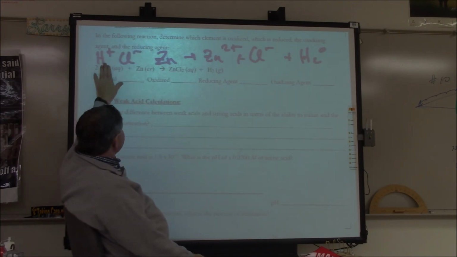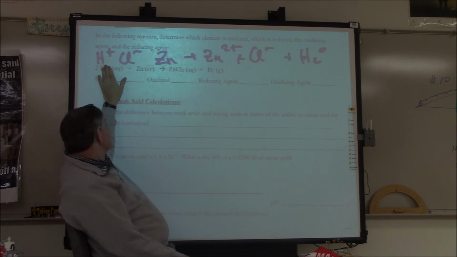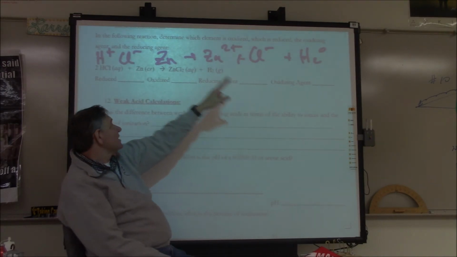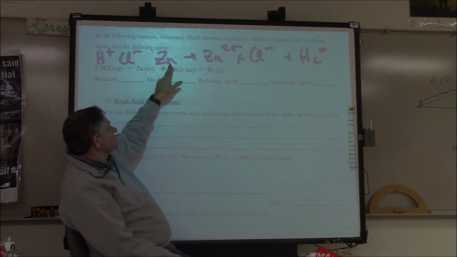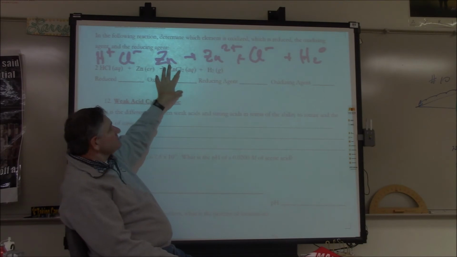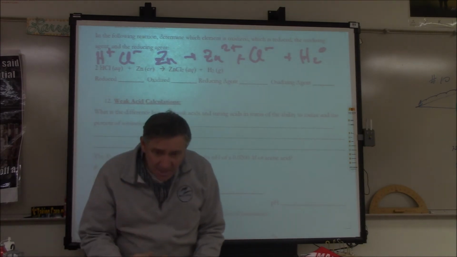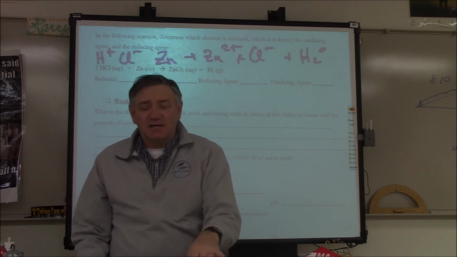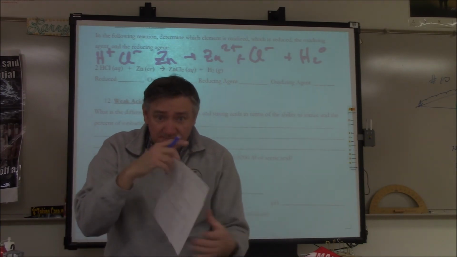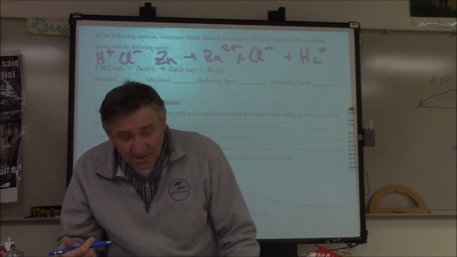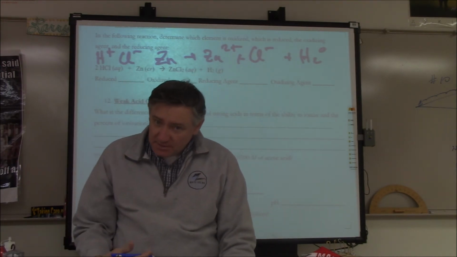So the hydrogen gained an electron. Okay, so the hydrogen gained an electron to turn into hydrogen gas. The zinc lost electrons to turn into Zn2+. Okay? So what you'll see is that metals, oddly enough, tend to lose electrons. So metals tend to be oxidized. Non-metals, okay, like chlorine, bromine, oxygen, they tend to gain electrons, so those tend to be reduced.